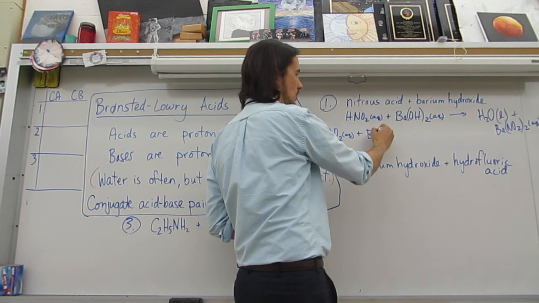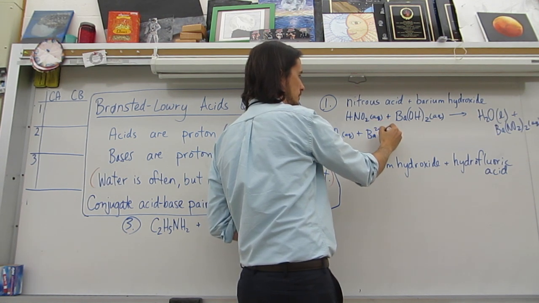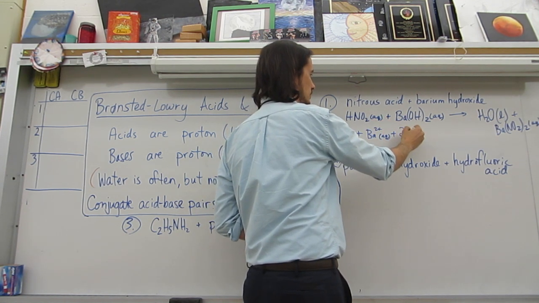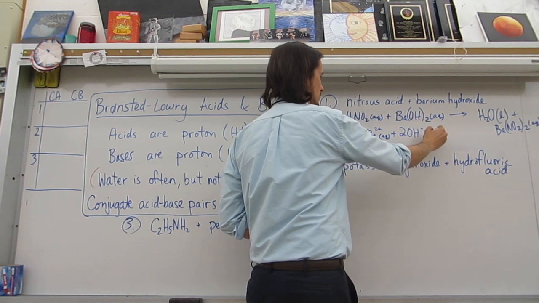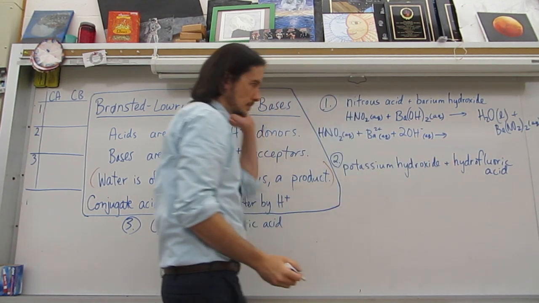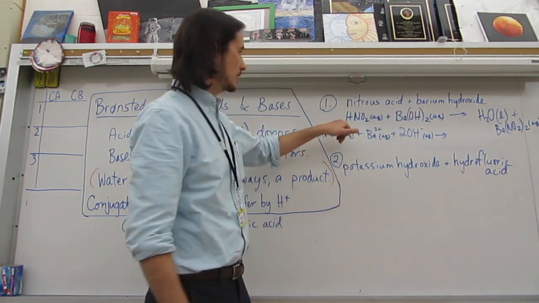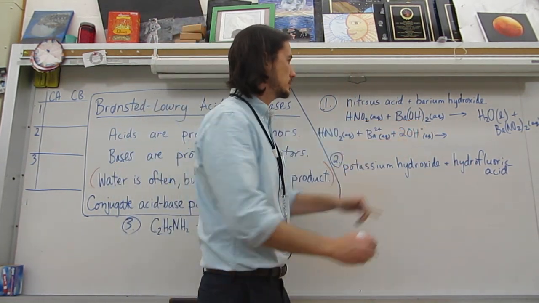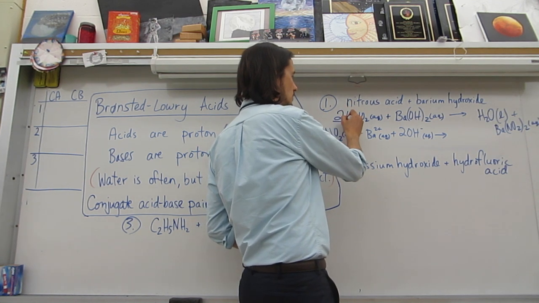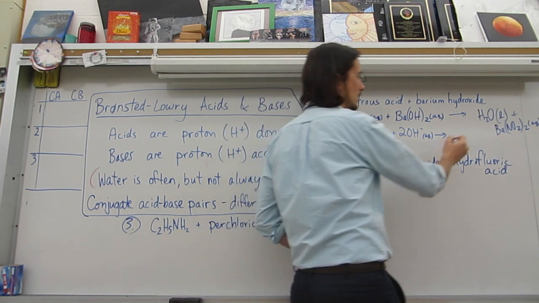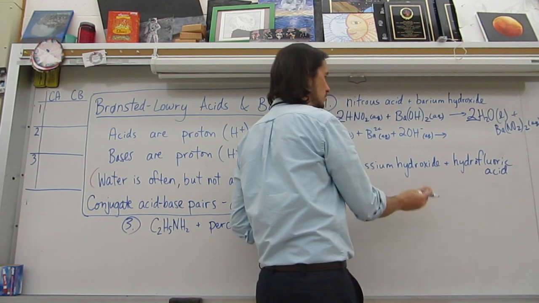Barium hydroxide is strong. So on the reactant side we get that. Oh, I didn't balance it. So we have 2 hydroxide units here, so we need to have 2 protons. We're going to get 2 water molecules.